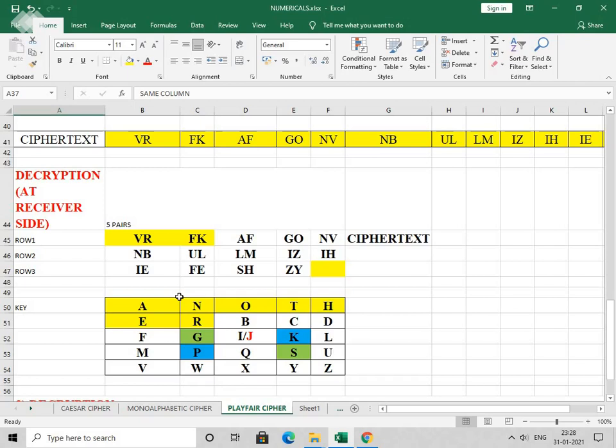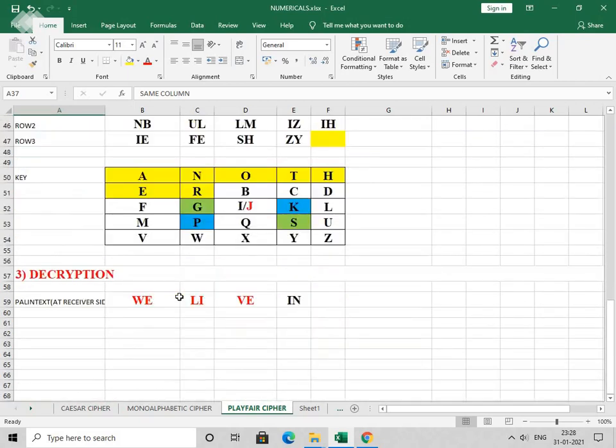But in the decryption, if the letter occurs in the same column, then we are going to replace it with the previous or the above letter of that plaintext letter, right? Now, if the letter in a pair is the first letter in the column, then replace it with the last letter of the same column, right?